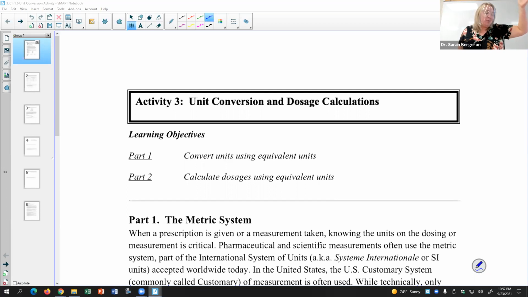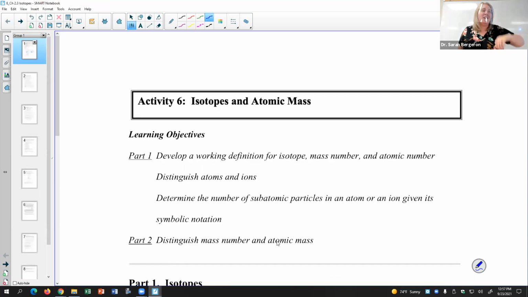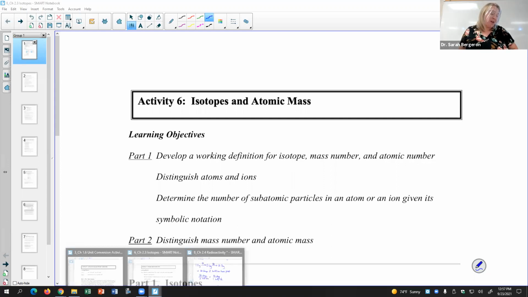Okay, so then, because we're probably only gonna be able to do one more, on the chat, put an I if you want to do isotopes and atomic mass, and raise your hand if you're in the classroom and you want to do it. I could probably make a video where I go through it. Yeah, sure. Okay, so I don't think anybody in either place wanted to do isotopes and atomic mass.